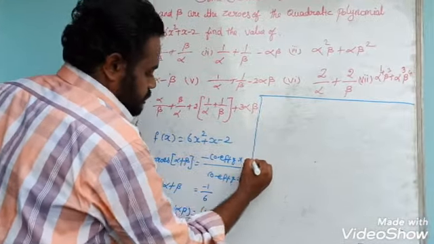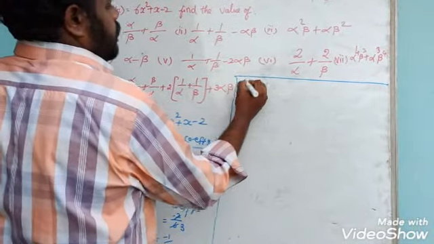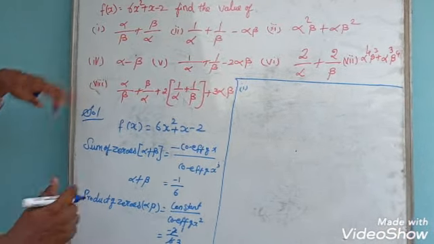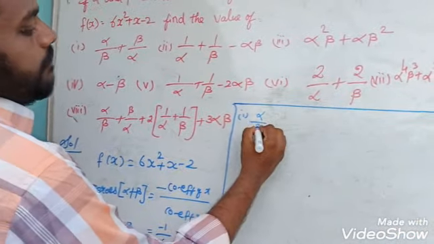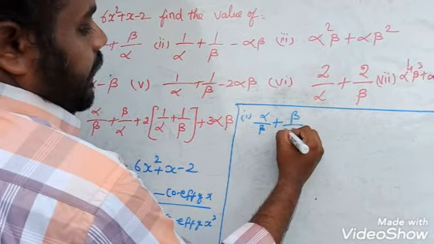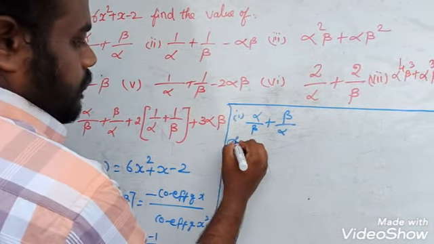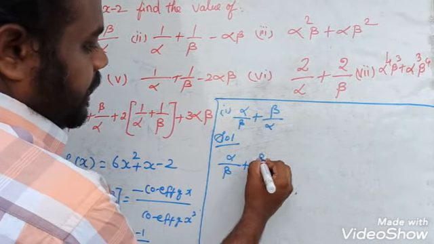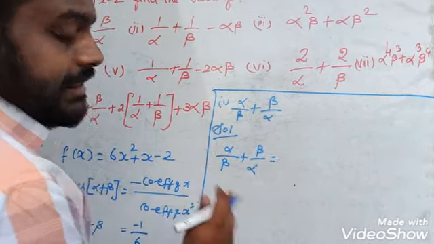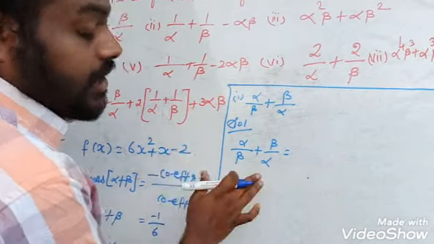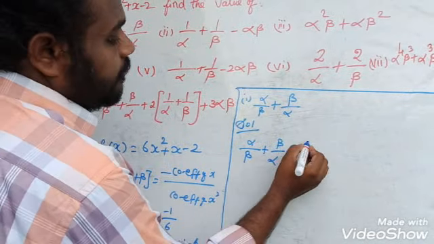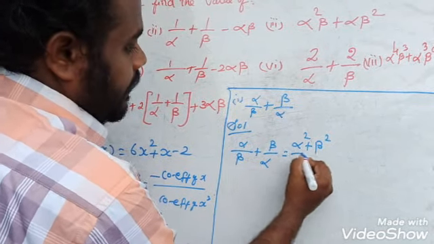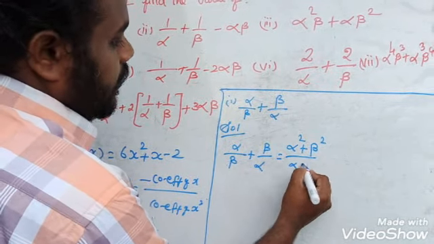Now one by one we solve the 8 questions. First question we take: alpha by beta plus beta by alpha. Solution. Alpha by beta plus beta by alpha. I just take a simple cross multiplication: alpha into alpha, alpha square, plus beta into beta, beta square, divided by alpha into beta, alpha beta.